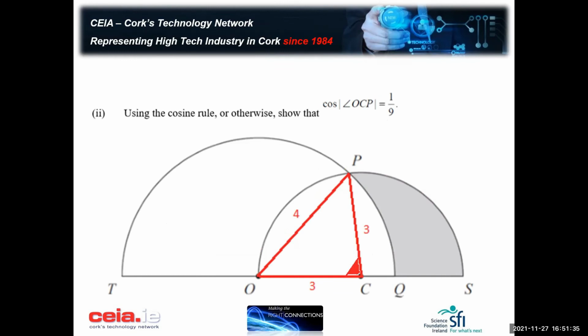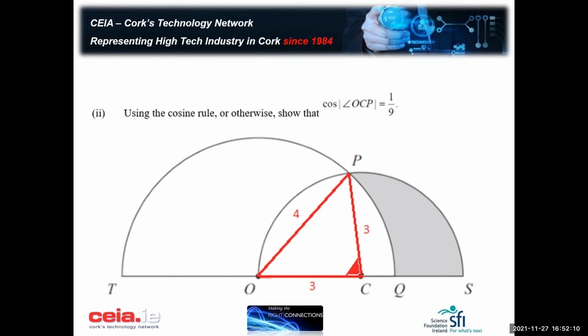It's an angle formed from O to C up to P. Okay, so when we draw in that angle, do we have any distances at all? Can we make a triangle? We can make a triangle, yes, because from C to O is a radius of the smaller semicircle. From C to P is a radius of the smaller semicircle.